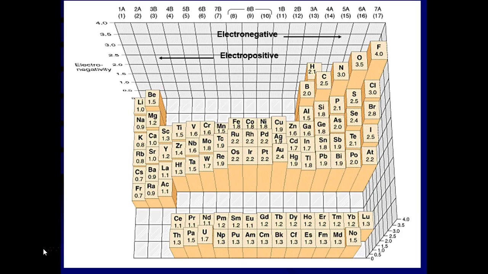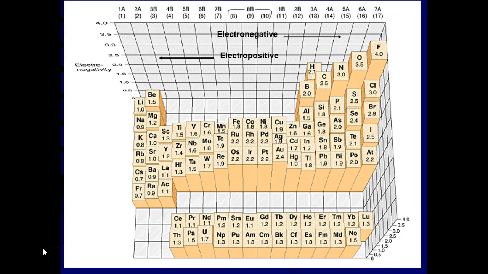You'll notice here on the left, we have things like francium and cesium, sodium and potassium, which all have electronegativity less than 1. That means they're not very attractive to electrons. Electrons don't really find them all that appealing and don't want to spend a lot of time with them.